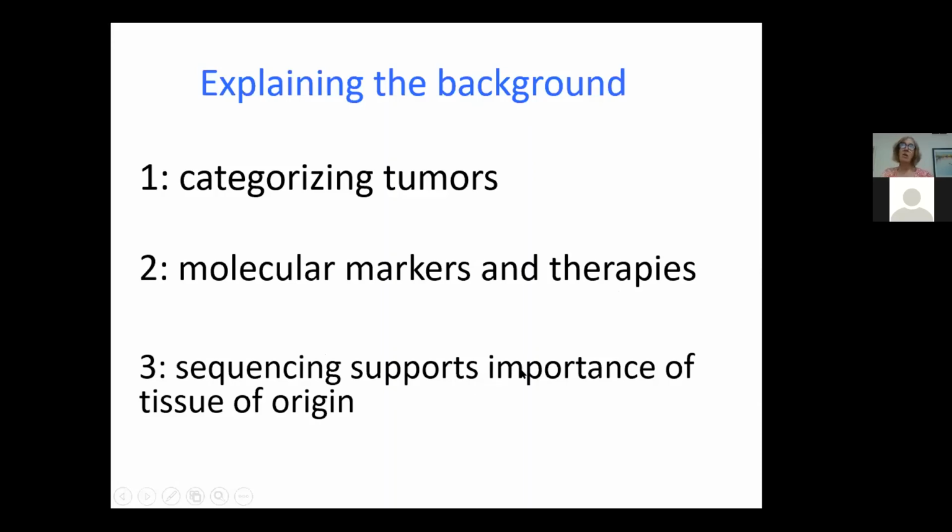And that is that basically the concept is that to treat a cancer, how you treat it depends on if the cancer started as lung versus breast versus brain, for example, that you would treat it differently depending on where it started. And the whole concept for this paper is that that actually might not be the best thing.